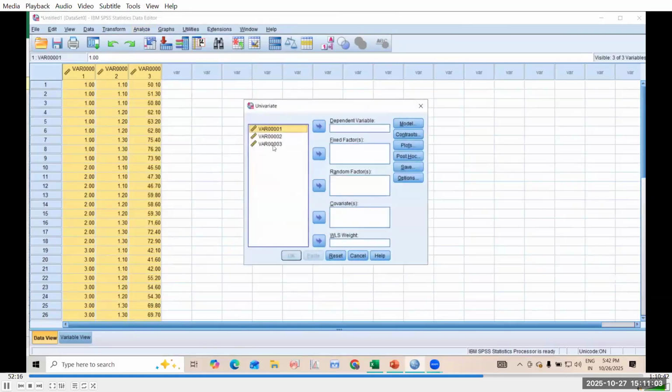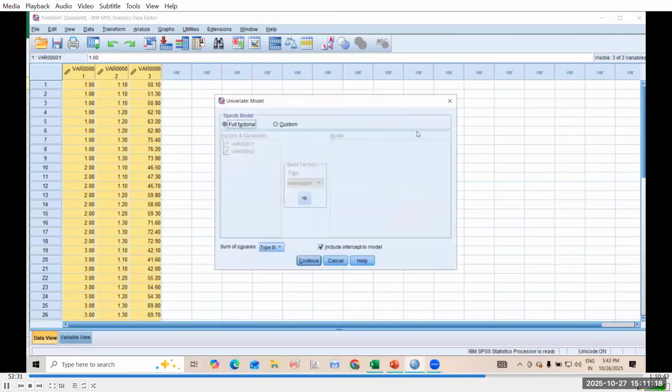Here, the dependent variable is on the dependent table. Fixed factors are two fixed factors. And here we'll go for the full factorial model.